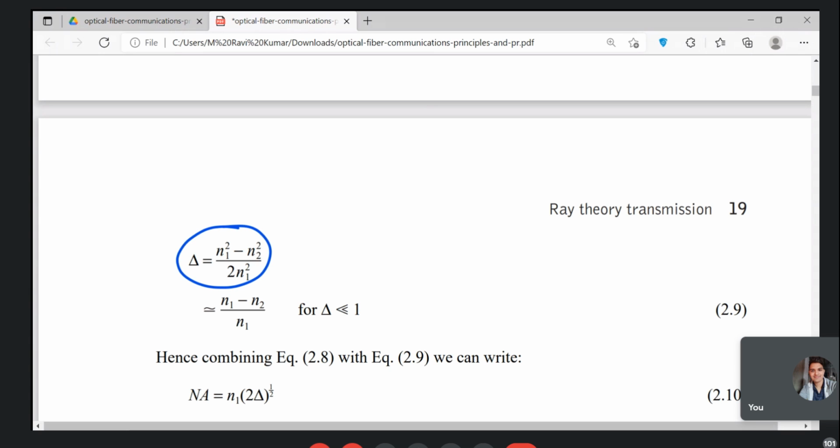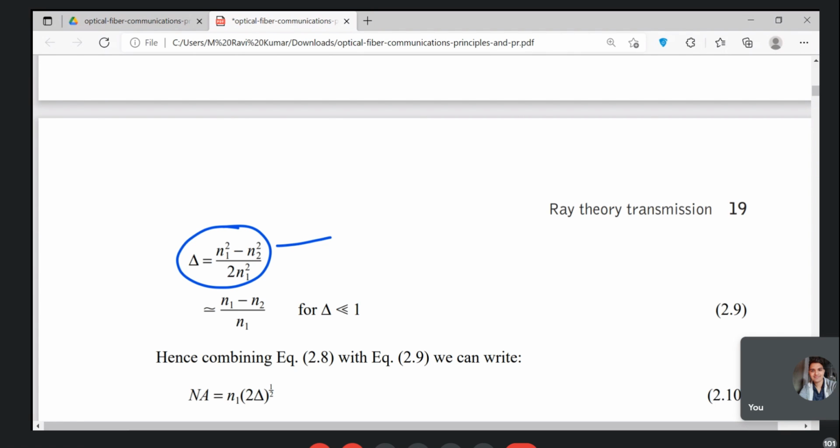So the denominator is the core refractive index, and what you see as an approximation, n1 minus n2 by n1, is an approximation which you get from the numerator side by splitting it into fractions n1 minus n2 and n1 plus n2.